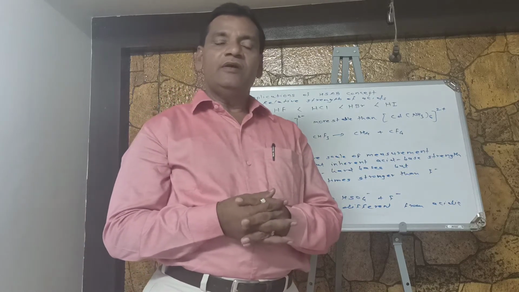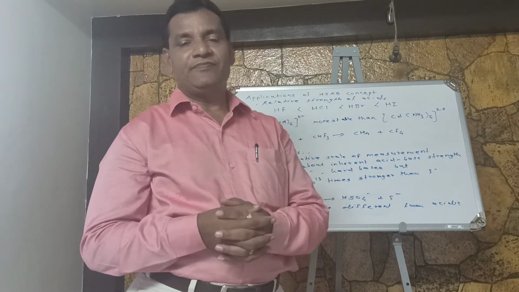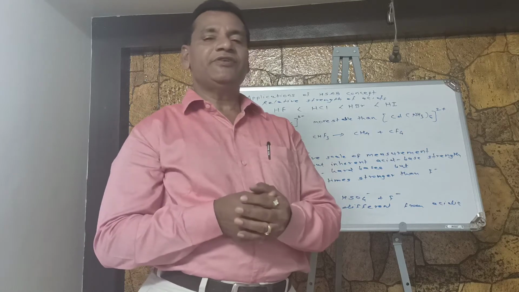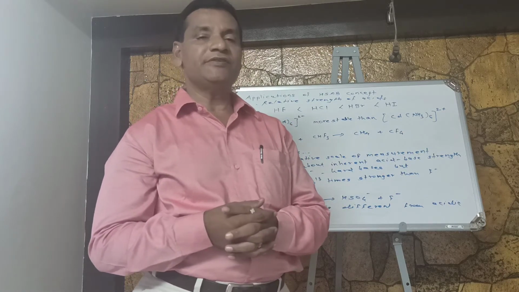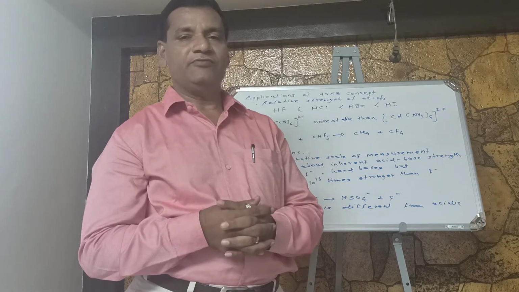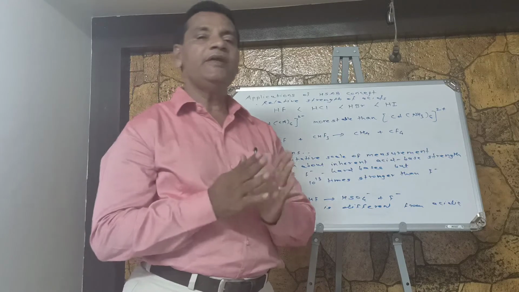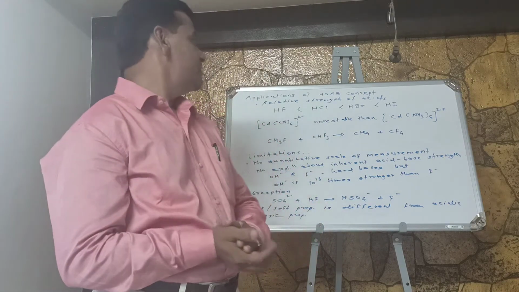Also, it is possible to study the relative strength of acids. With these applications, this concept has some limitations also, which we will see later on. So first we have to see the applications of the HSAB concept.